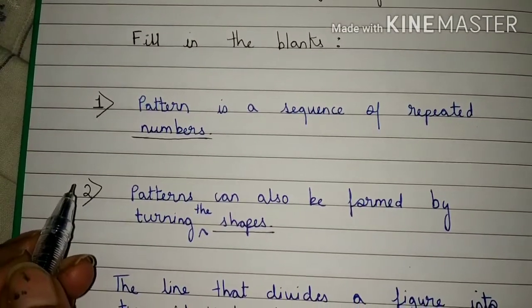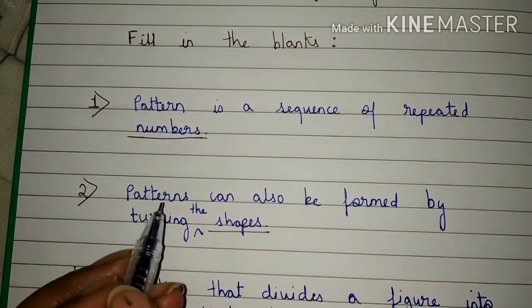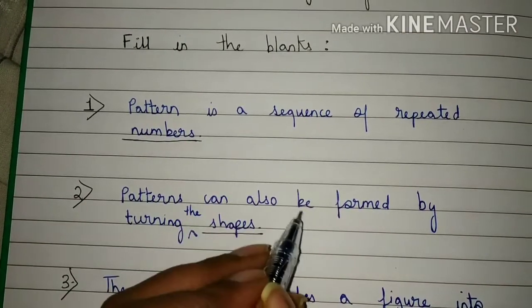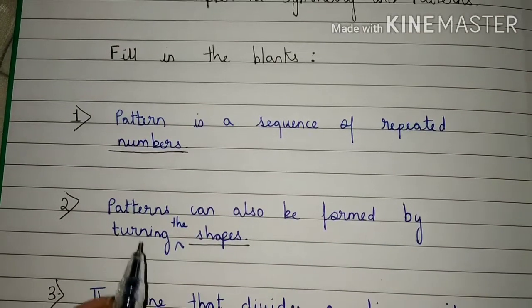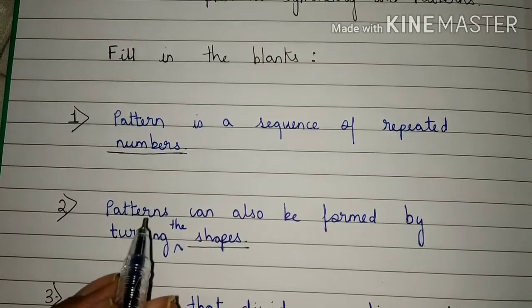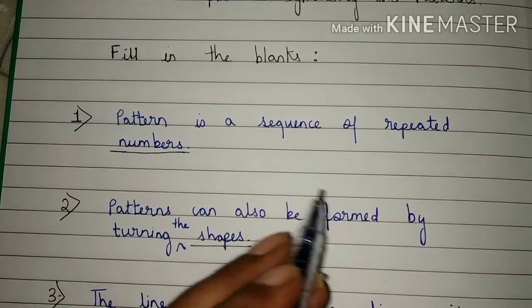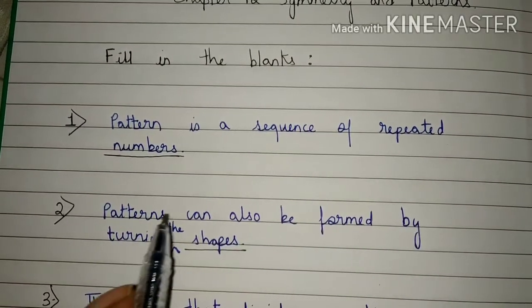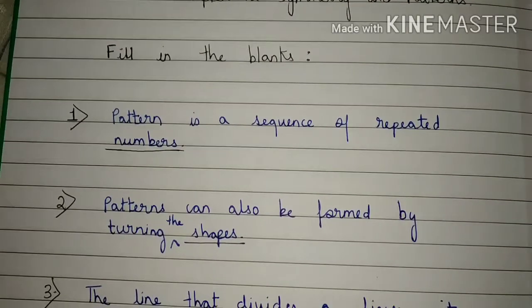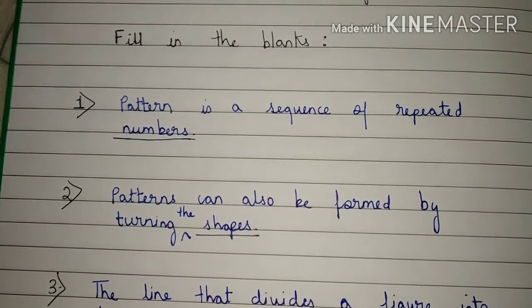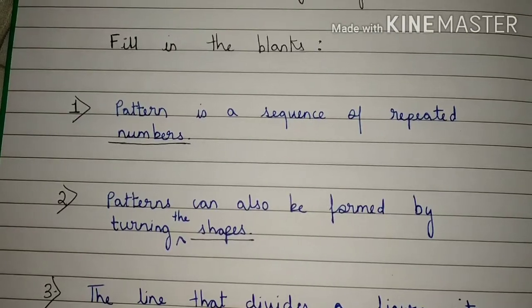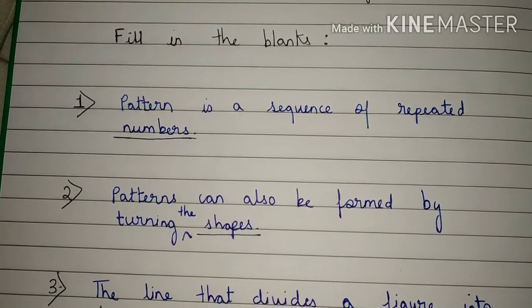Now students, come to question number 2. Patterns can also be formed by turning the dash. Patterns can also be formed by turning the shapes. Students, we can make patterns by turning the shapes also.